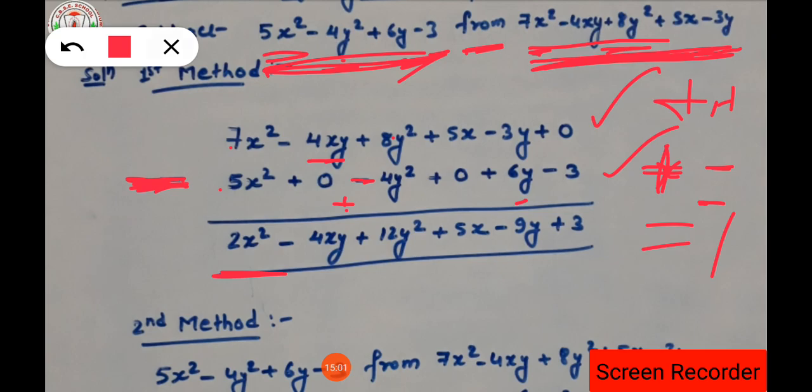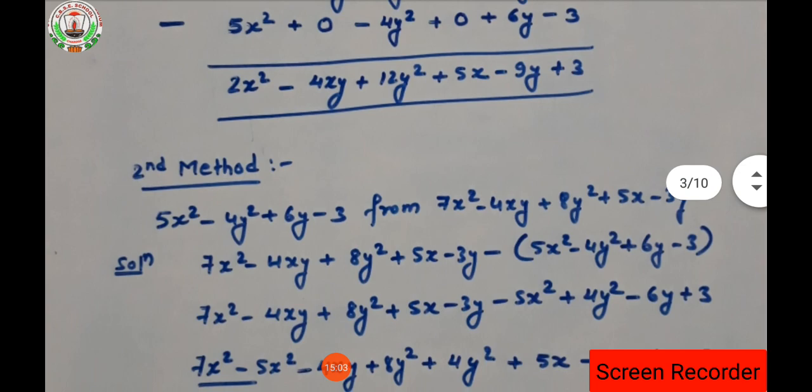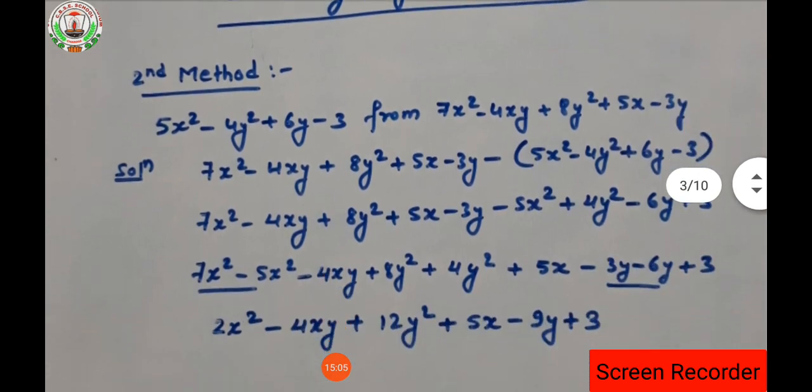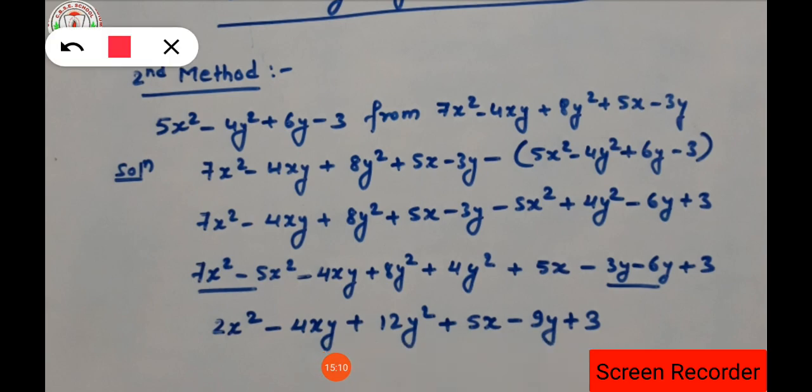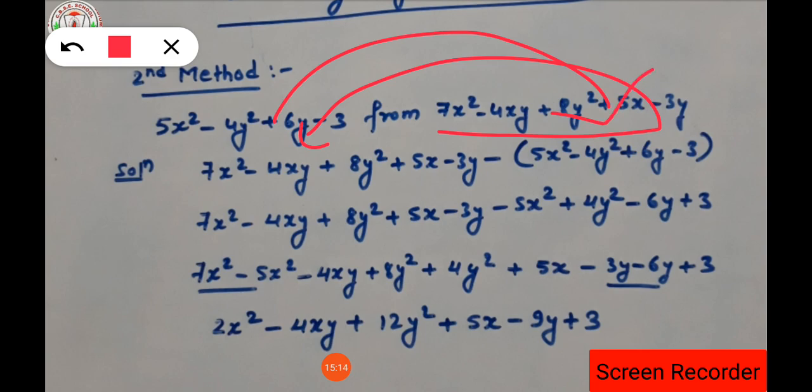Clear everyone? Next, the second method is subtraction, how to see. Now for the subtraction, as we know the second term we are going to write first and the first term we are going to write second, and from means minus will come. So this is the word from, minus, and the whole first term will be written inside the bracket, because outside the bracket the minus sign is there, and this minus will be multiplied with each of the terms inside the bracket.